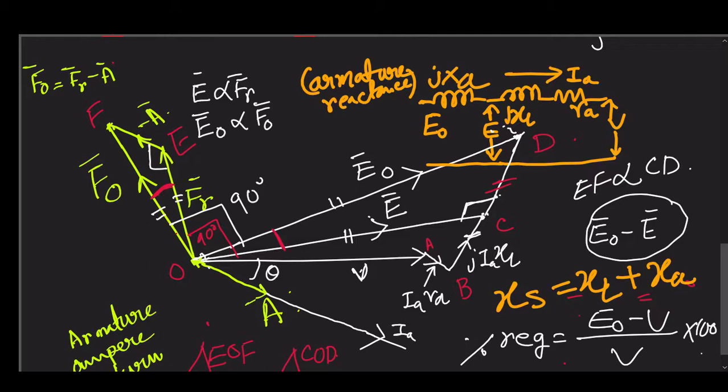So if it is a 400 volt machine, we adjust it in such a manner that this V becomes 400 volt, and then we disconnect the load and find out the E naught, and then that difference, E naught minus V by V into 100, gives us the regulation amount.